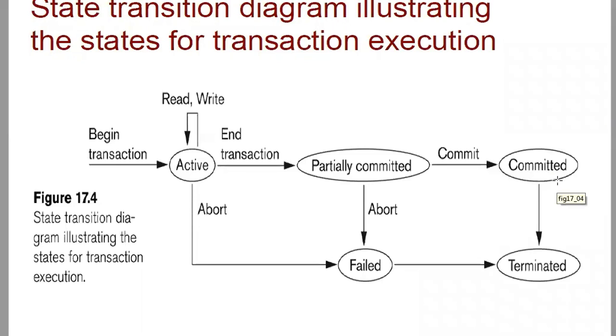Then only whatever modifications are to be done with the data will be carried out and modified permanently. Before that, it is considered partially committed. So after the commit command, it is said to be committed.